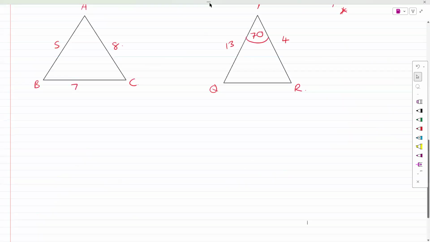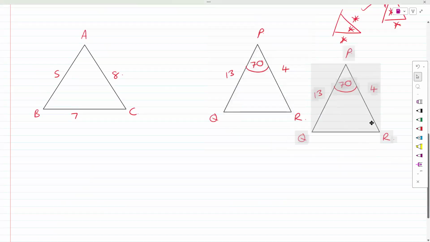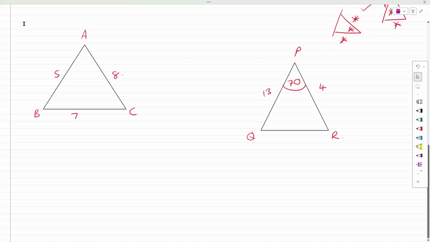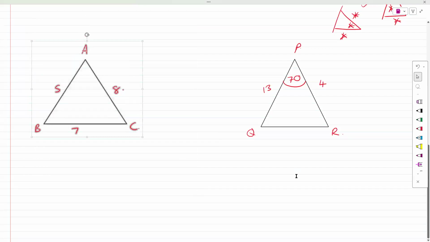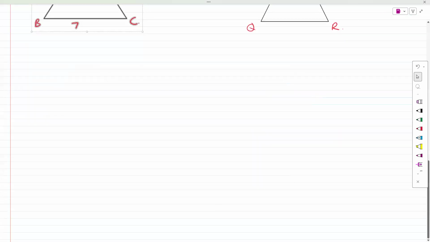Let's start with the basic formula of cosine before we start with any questions. The basic formula, whether it's A, B, or C: A squared equals the other two sides, B squared plus C squared, minus 2BC cosine A. If you're going to deal with cos B, we change the sides.